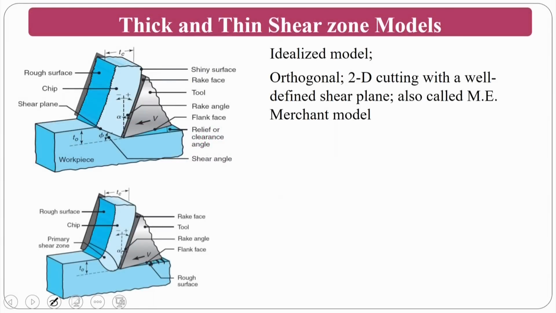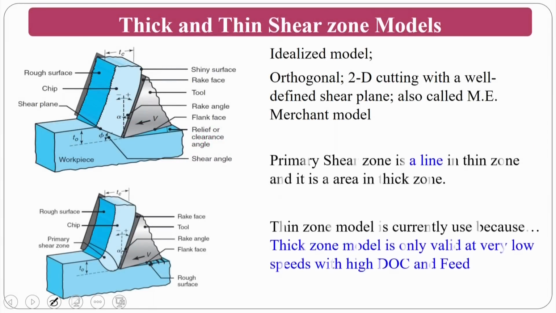Okay, so there are thin zone models and thick zone models. Normally the idealized model, the orthogonal 2D cutting with a well defined shear plane, is also called the Merchant model. This is called a thin zone model. The primary shear zone is a line basically.